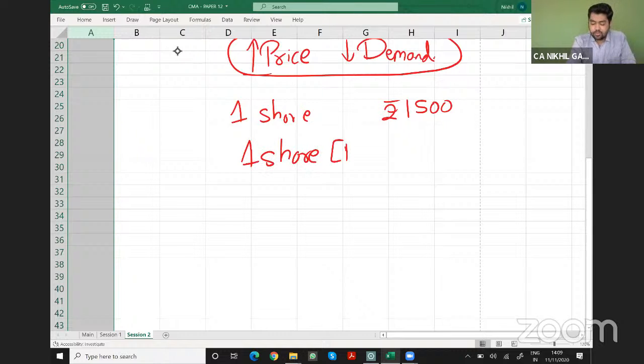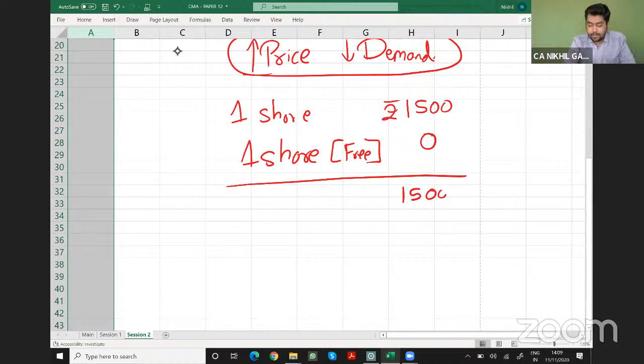If the share is free, the cost is 0. Agree? Now the total value of shares is 1500, but instead of one, these are 2 shares. So effectively, I've reduced my one share price to 750. This is the major reason behind issue of bonus shares.